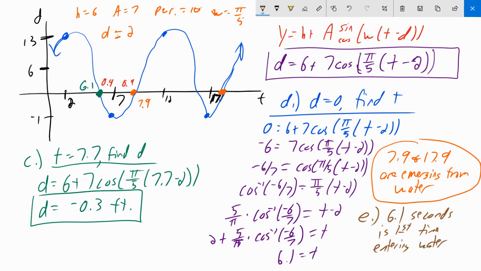And that's where understanding what the graph you made is revealing is important. 6.1 goes in the water, 7.9 is coming out. We have to use symmetry around the high and low points to find other answers. That and period length. How long does it take to repeat itself?